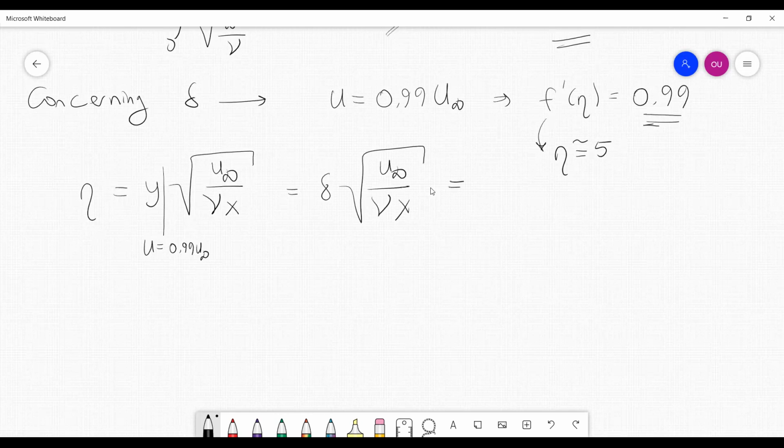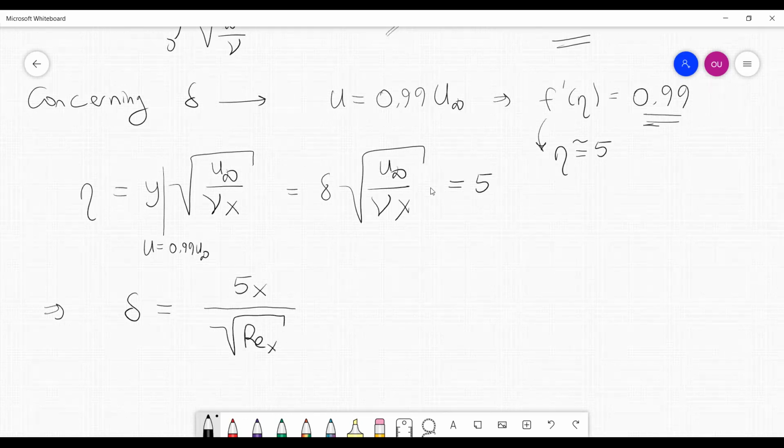But from the table for the Blasius solution, this must be equal to 5. And from here, we get an expression for delta growth for a Blasius type boundary layer. So this will be equal to 5 times x divided by square root of Reynolds x.